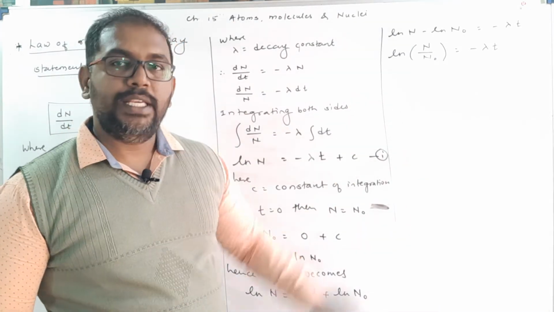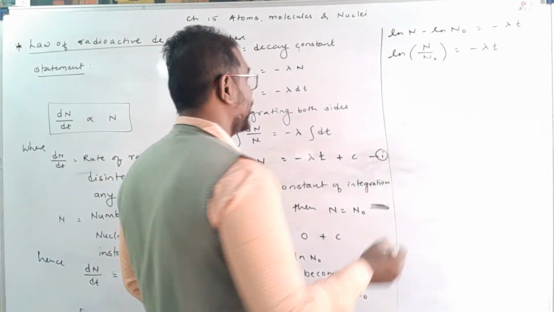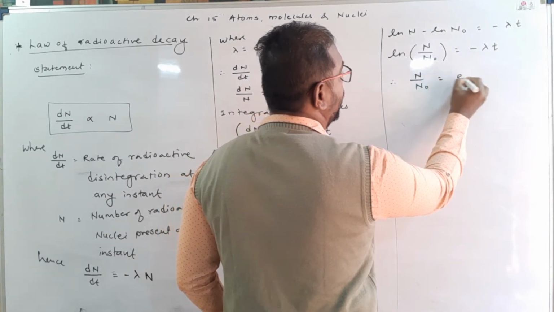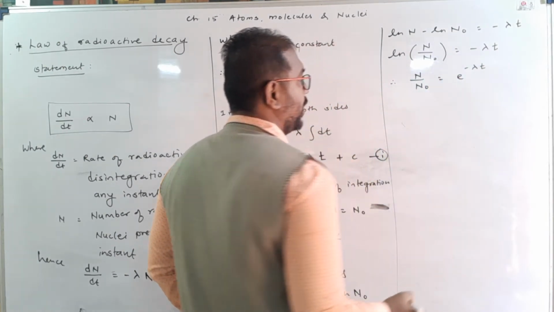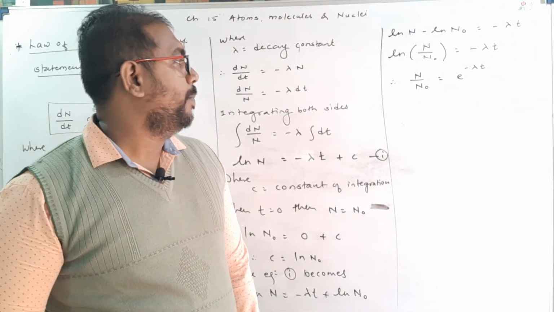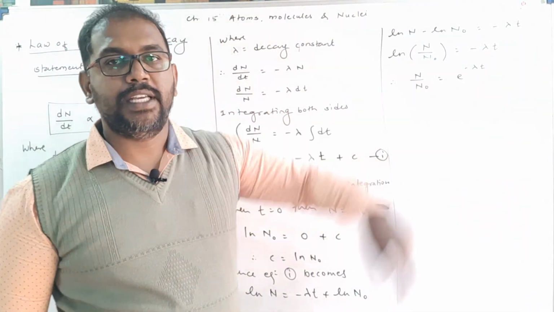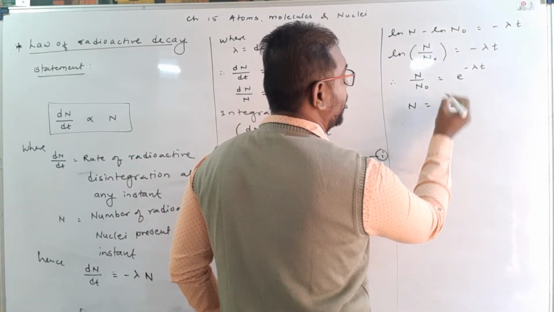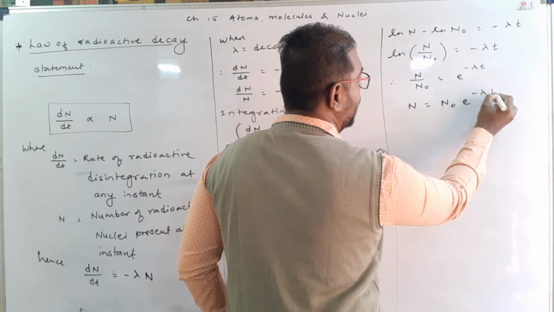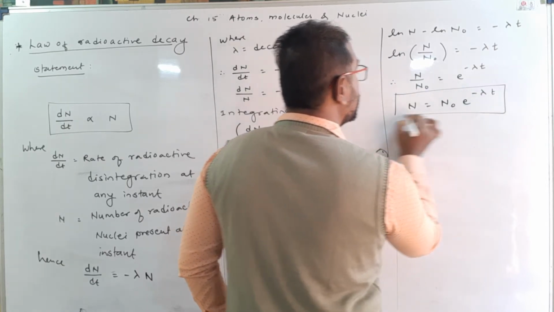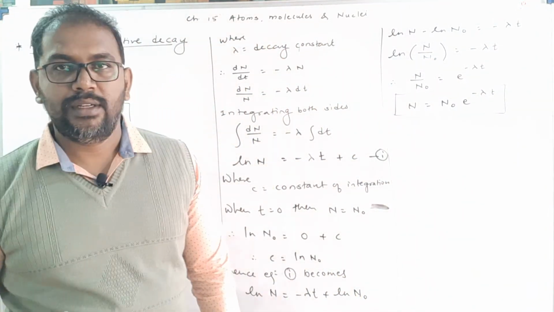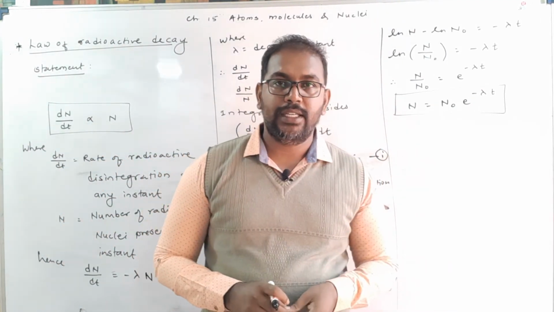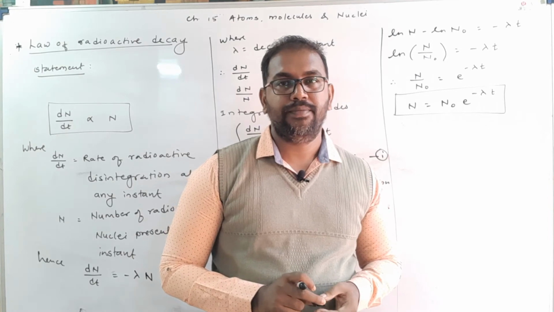This is log to the base e. To remove the log, N divided by N0 is equal to e raised to minus lambda t. Then transferring N0 to the other side, N is equal to N0 e raised to minus lambda t. This is the equation which gives us the number of radioactive nuclei present at any instant t.